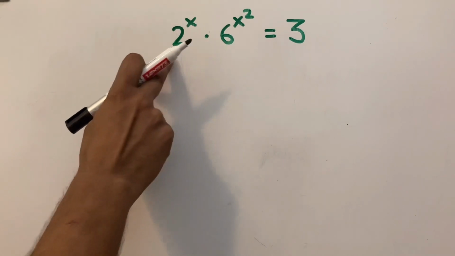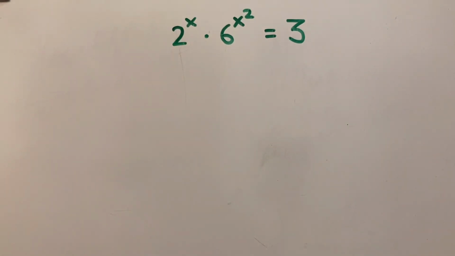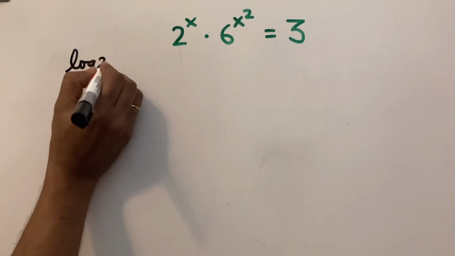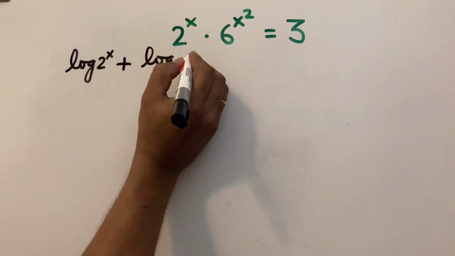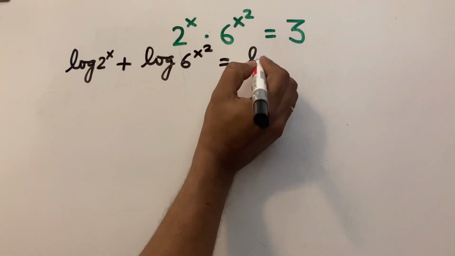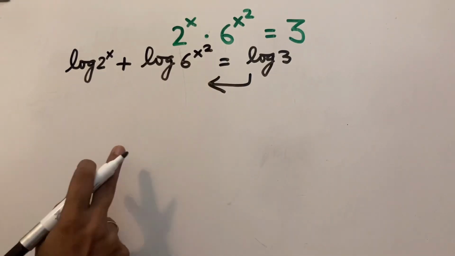As you must know, log of a multiplied by b is equal to log a plus log b. So this simplifies to log 2 to the power x plus log 6 to the power x square equals log of 3. Transfer it to this side.